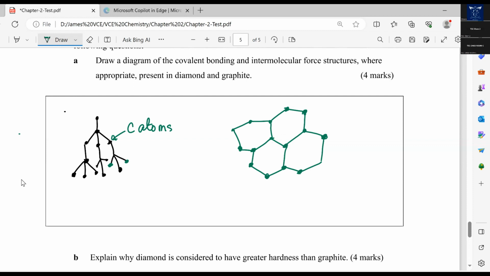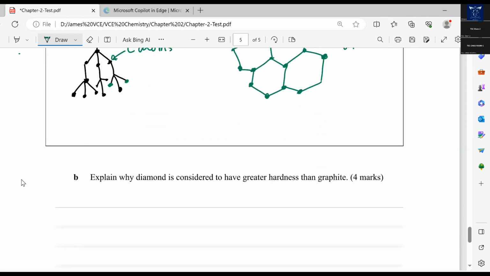At each junction, you must have a carbon atom. That will give you 2 marks each, for the shape and then the position of the correct carbon atoms.